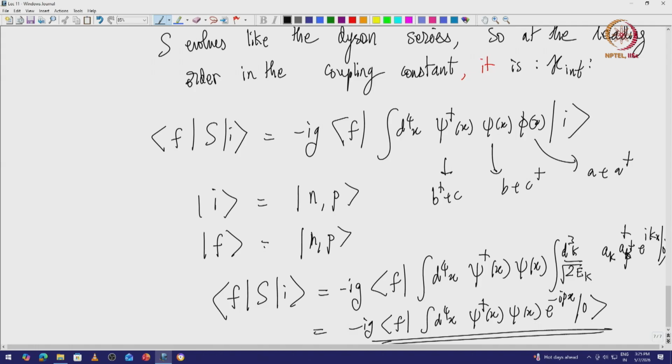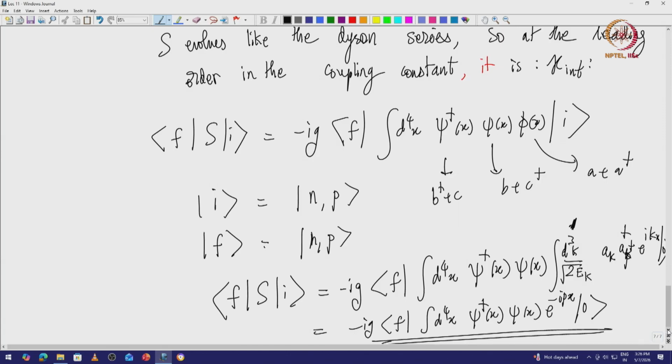Now what is this essentially? So this is a plane wave. And then this picks up a d cube k integral. It picked up a delta function interaction as a source for the meson fields.